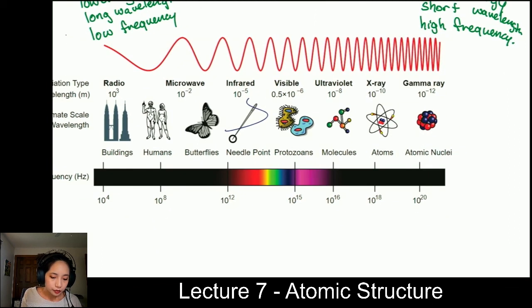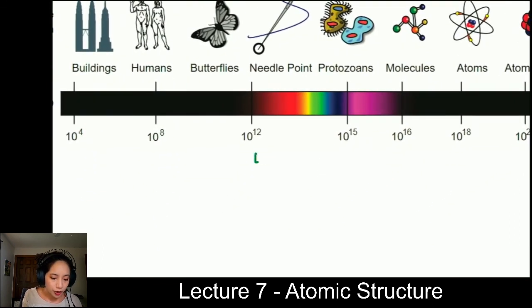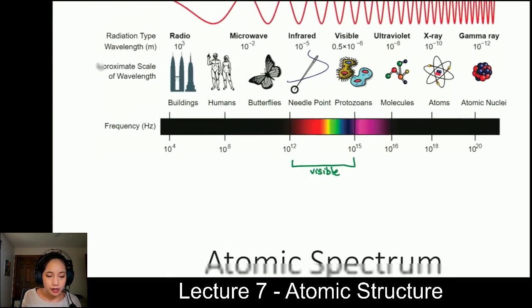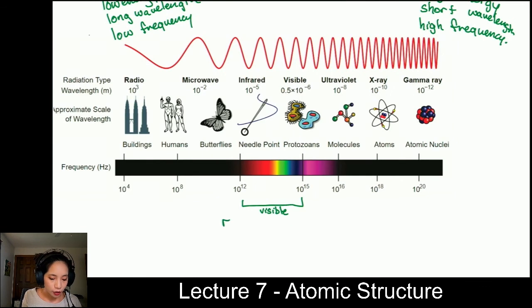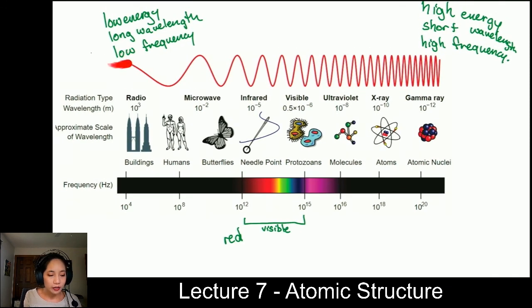A lot of what we'll be focusing on is the visible region. Where the visible region lies within the electromagnetic spectrum, the red side of the rainbow is more towards the long wavelength, low frequency, low energy portion, while purple and blue are towards our high energy, short wavelength, high frequency side.